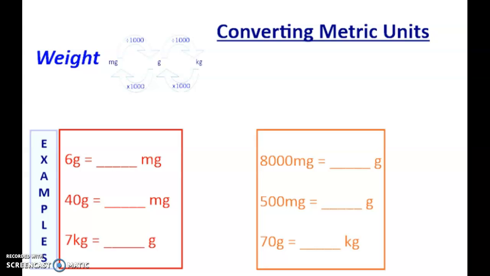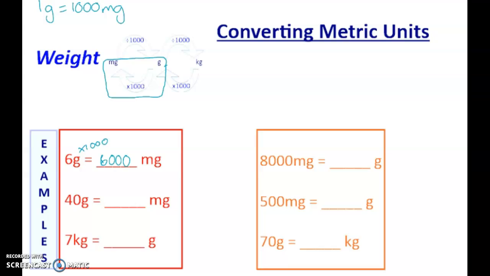So hopefully we remember that 1 gram is 1,000 milligrams, and that's this conversion here. So going from grams to milligrams. So if 1 gram is 1,000 milligrams, I've just times by 1,000. 6 grams will be 6 times 1,000, so 6,000 milligrams. How easy is that? Just times by 1,000.